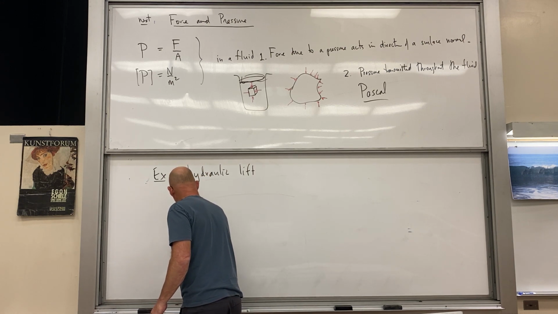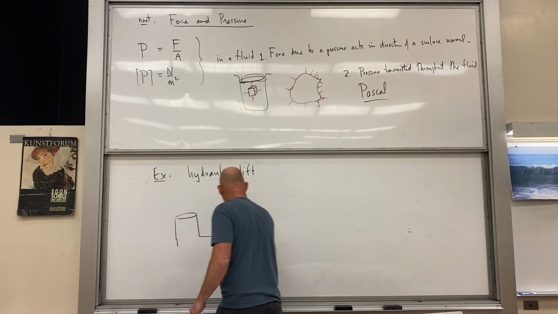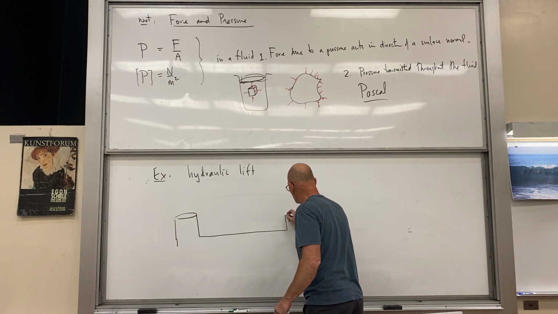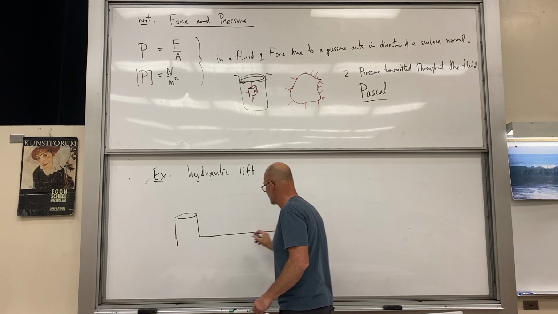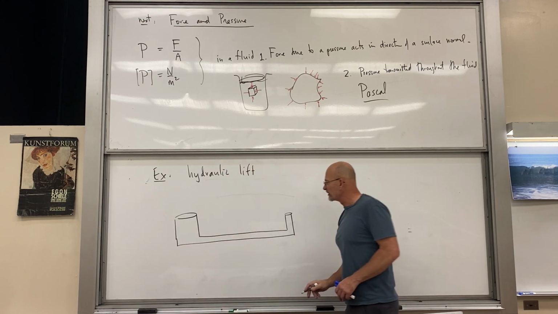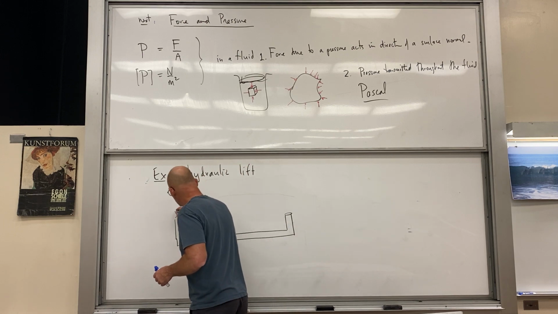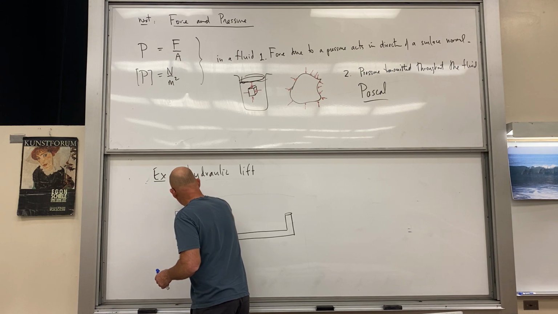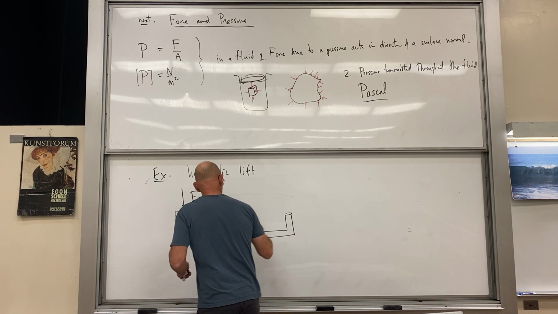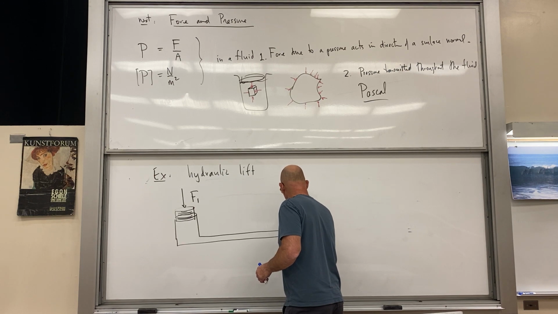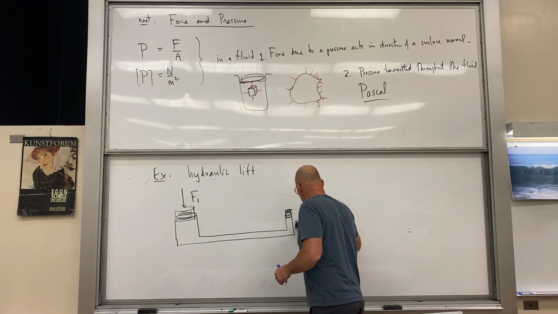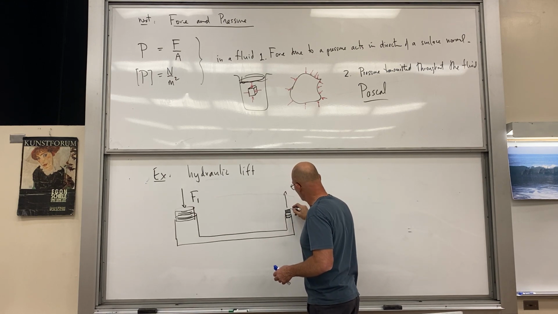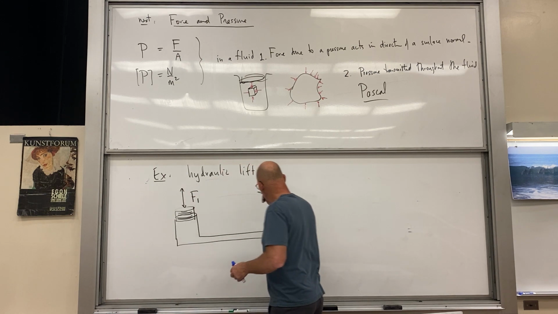We'll just have two columns here, and make them both the same height. Okay, so we've got fluid in here, and some kind of piston. So we can press down here, and we've got another one here. Press down here and it'll push up here. So either direction is possible.